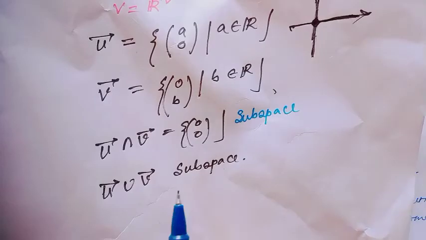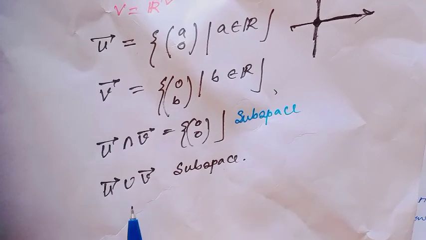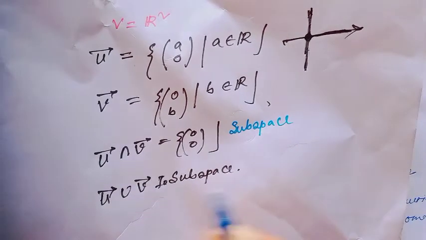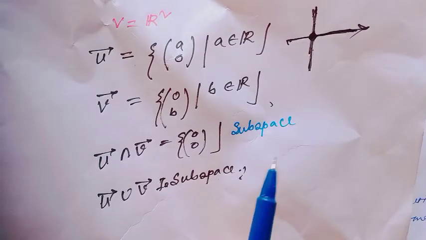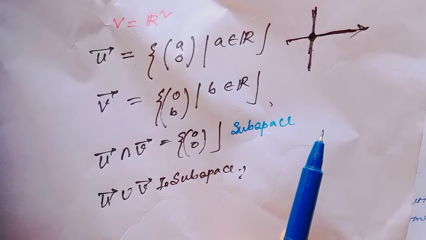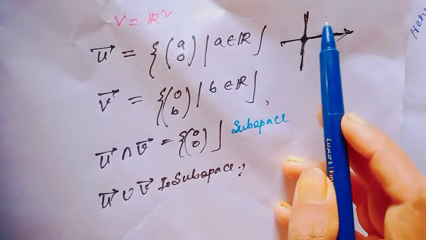But now if we consider U union V, is this space a subspace? Obviously, U union V means either the x-axis or the y-axis.